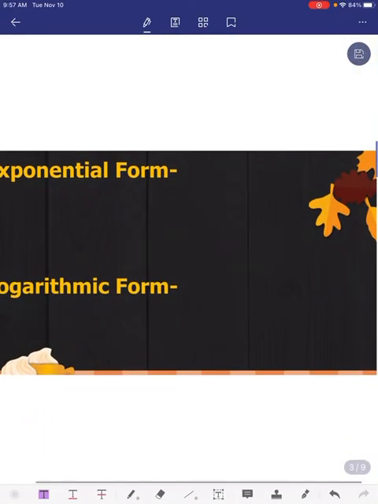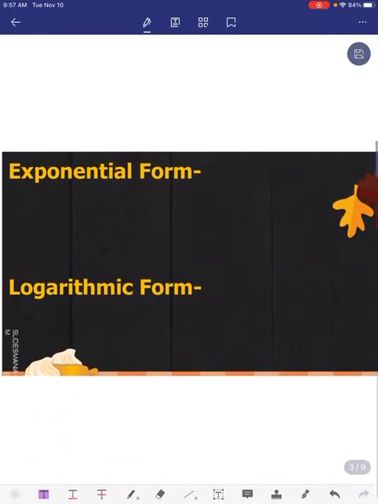Alright, so remember that we have two types of forms. We have exponential form and we have logarithmic form. And depending on the problem that we're doing, it's going to be necessary to have it in one form or the other.